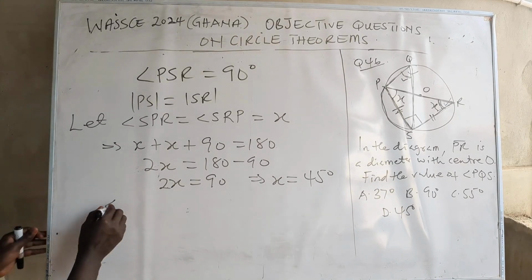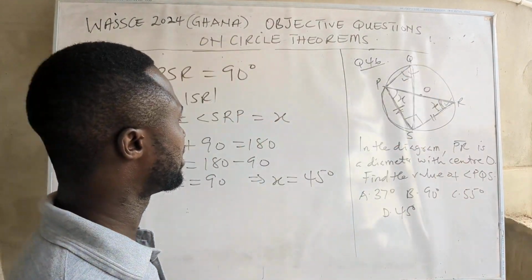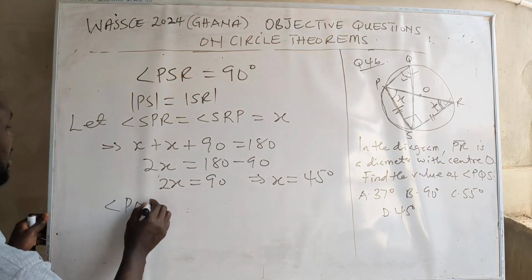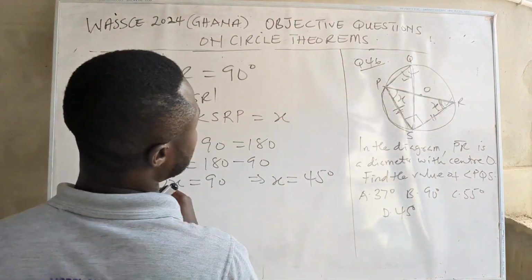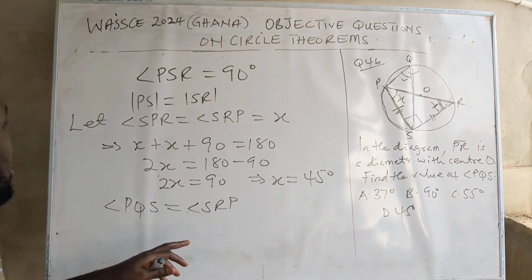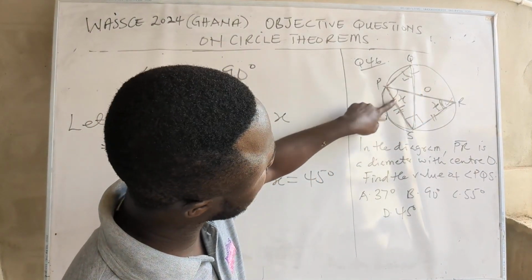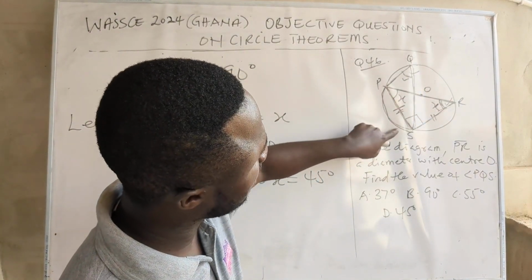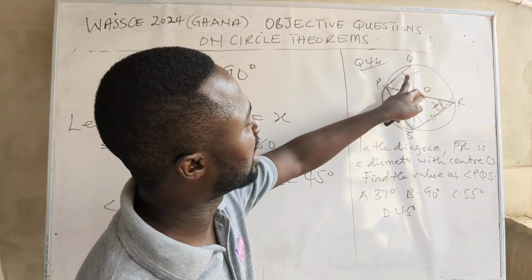And I'm looking for angle PQS. And angle PQS is the same as angle SRP. So this angle is the same because they are from the same chord or the same arc, and they are in the same segment, subtending at the circumference.